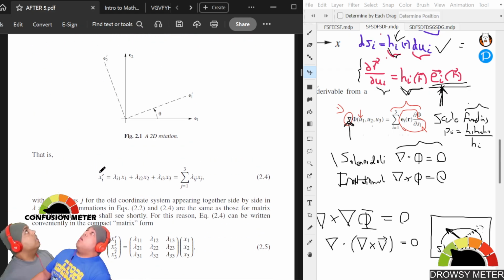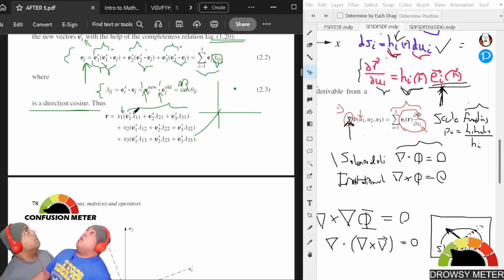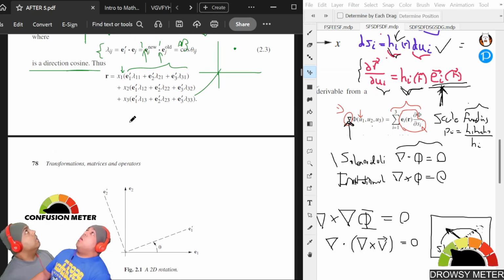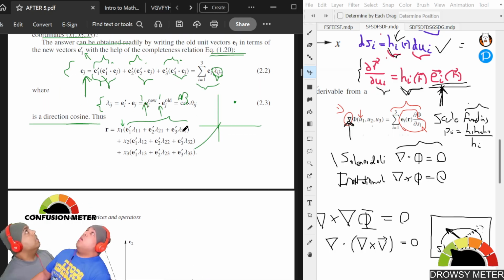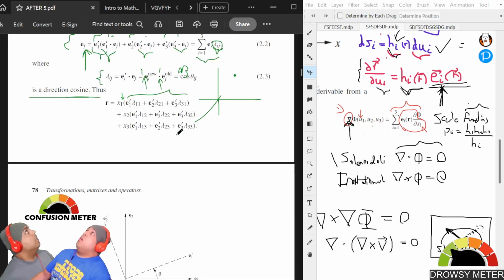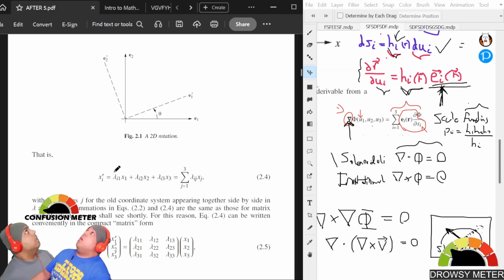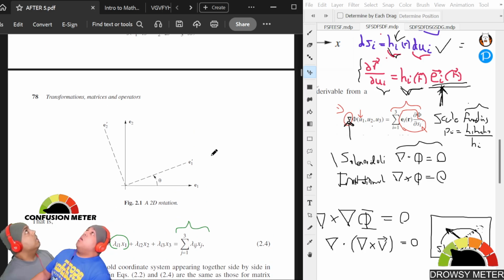That is x'_i equals a coefficient times x1 plus a coefficient times x2 plus a coefficient times x3.